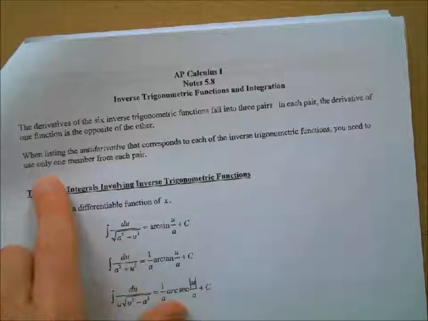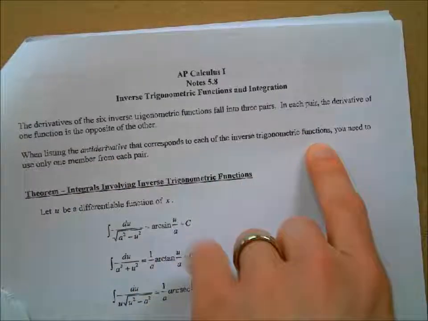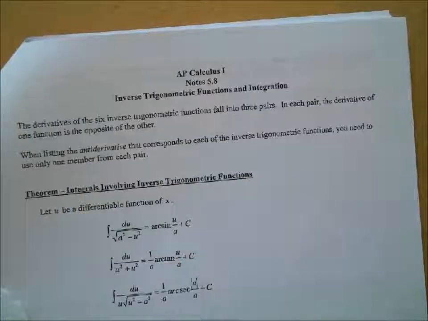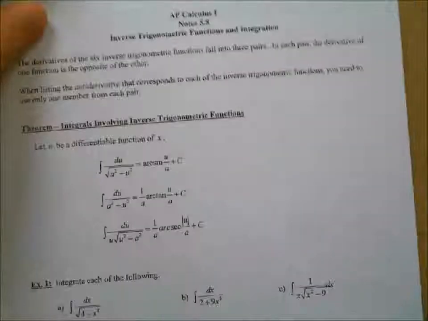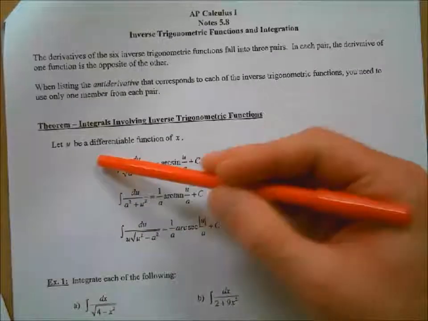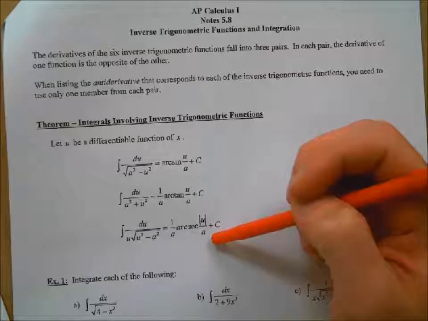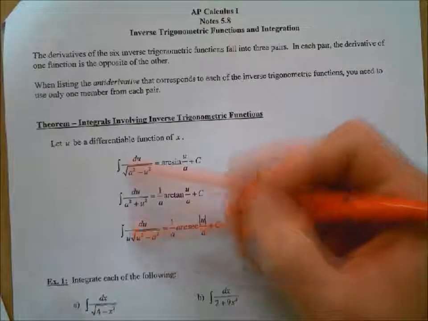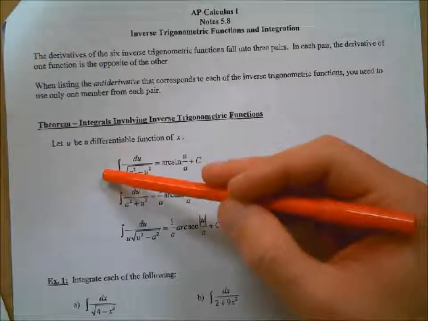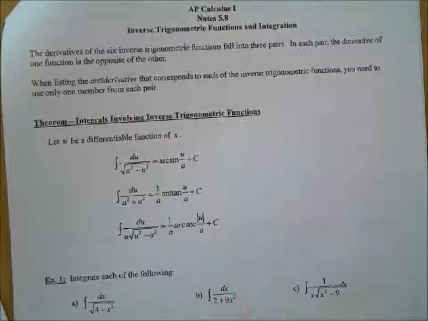When listing the antiderivatives that correspond to each of the inverse trigonometric functions, you need to use only one member from each pair. In other words, to integrate these, we can pull any negatives out, so we don't need to worry about arccosine, arccotangent, or arccosecant. If we're integrating a negative, we just pull the negative coefficient out front, make it positive, and end up with arcsine, arctan, or arcsecant.